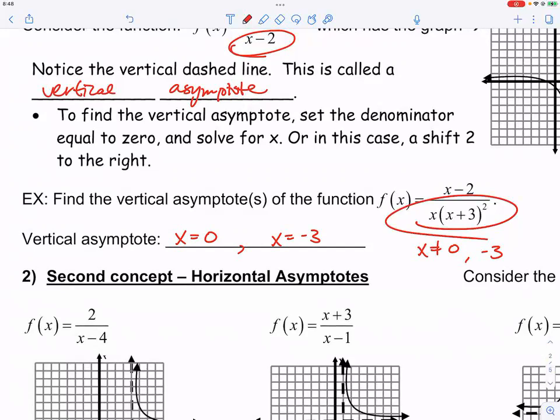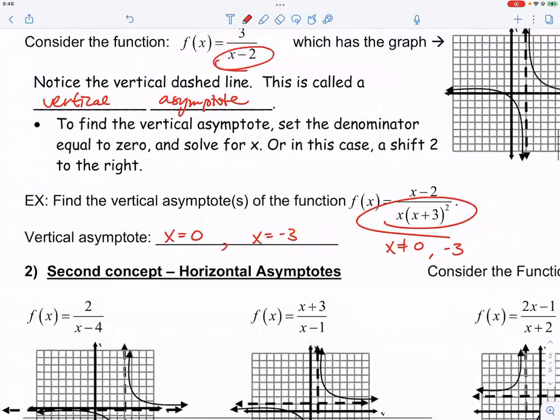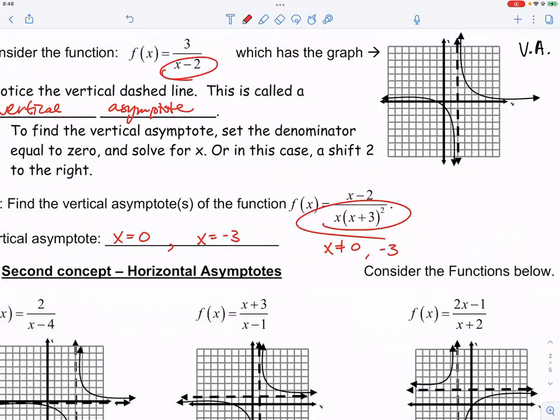Okay. So make sure you understand the context, because I understand how it could be confusing. On one side, we say x cannot be 0, x cannot be -3. On the other side, you say x equals 0, x equals -3. When we talk about the restrictions, we say x cannot be 0 and -3.